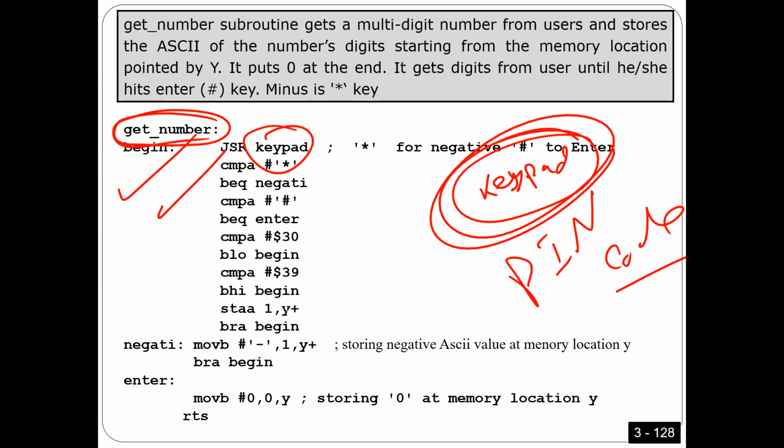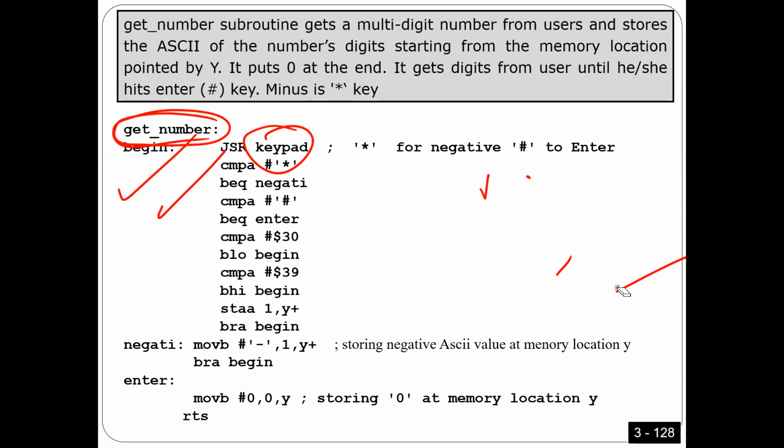I'm going to get numbers from the user, and once the user hits enter, I'm done. Whatever I get from the user, I'm going to store in an array.